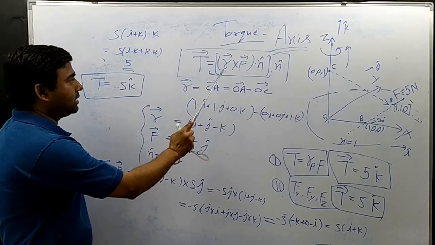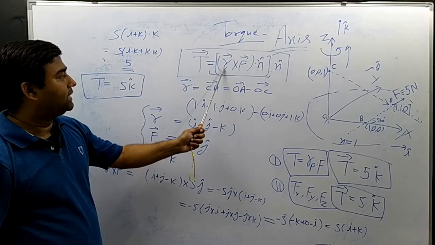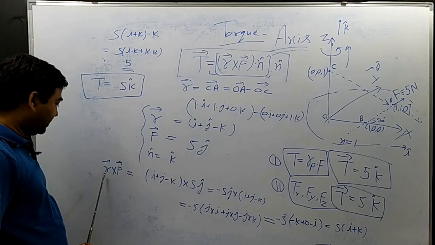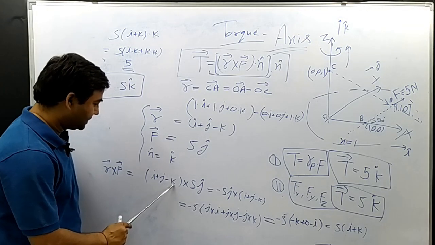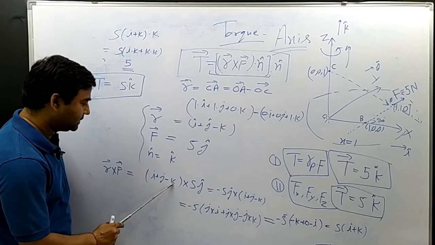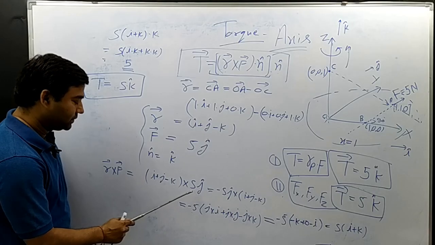Now r, F, n are known. So first of all we will find r cross F. Here r is i plus j minus k, cross F, which is 5j.